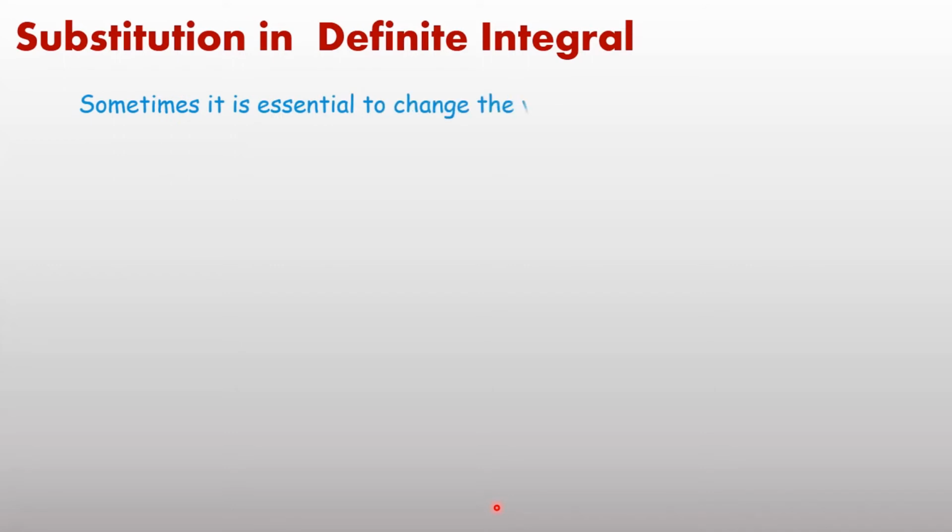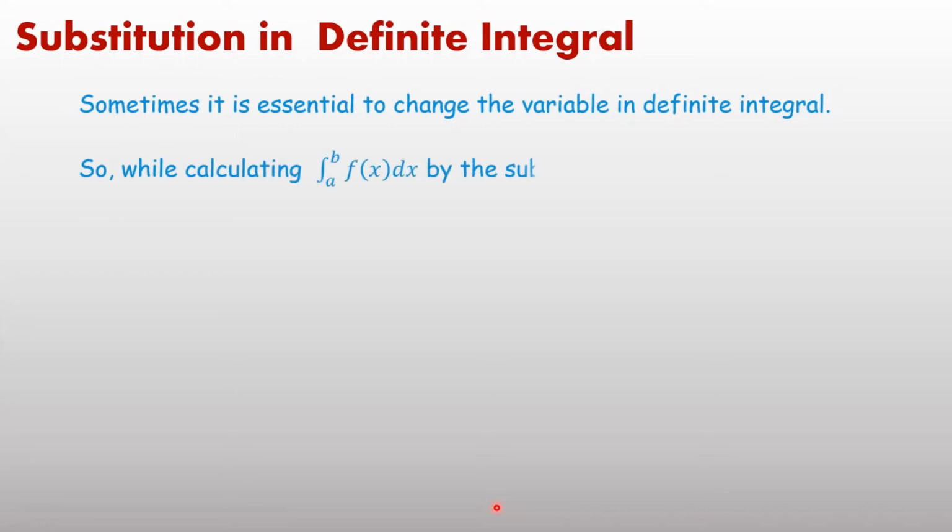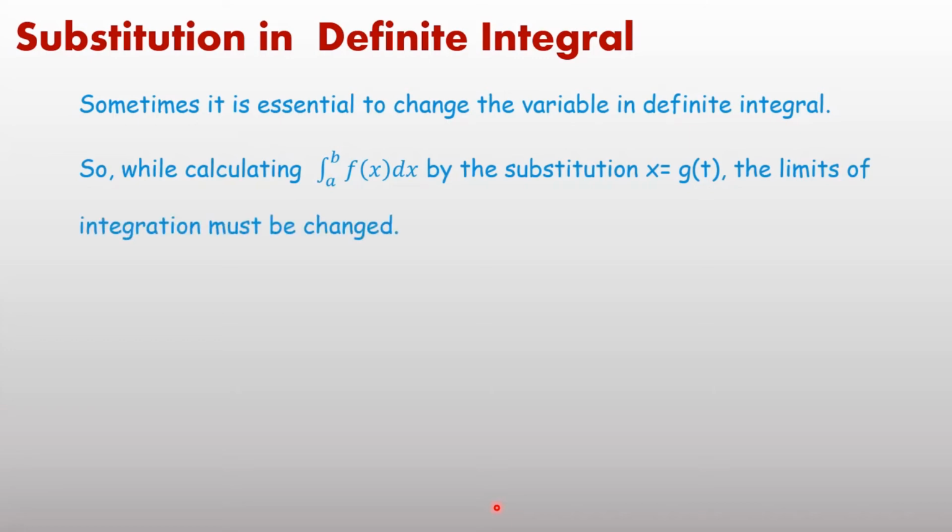Substitution in a definite integral. If it is required to change the variable in a definite integral, then we can substitute. But at the time of substitution, remember, the limits of the definite integral must be changed.